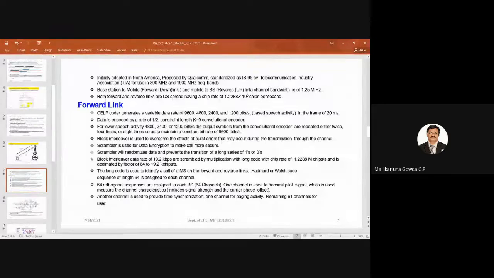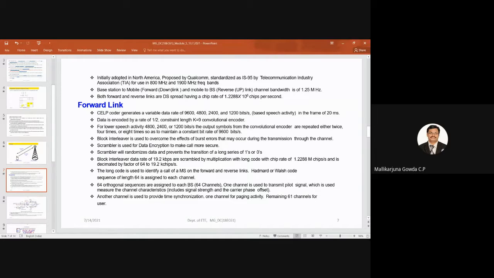Uplink and downlink, these are the most widely used terms. Uplink means the signal transmission from your mobile station to the base station, and downlink means the transmission of the signal from the base station to the mobile station. As I said, with a channel bandwidth of 1.25 megahertz.